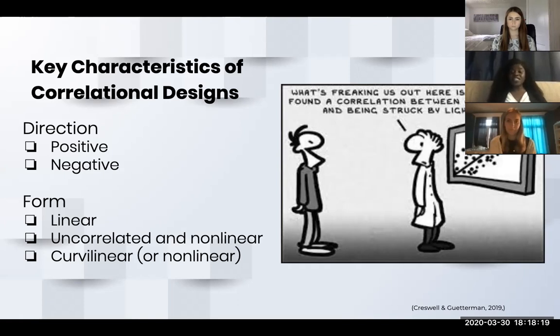The first one is a U-shaped variable. Now in this example, let's talk about internet use and depression. Now, let's say internet use is your X variable and depression is your Y variable.